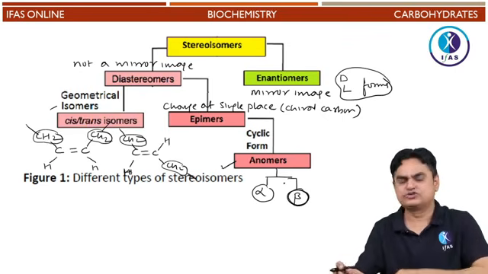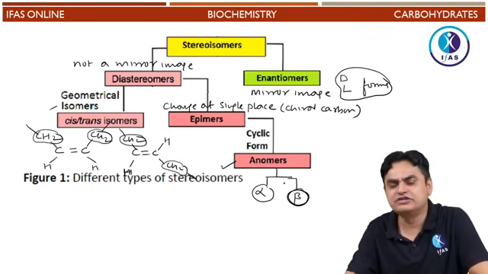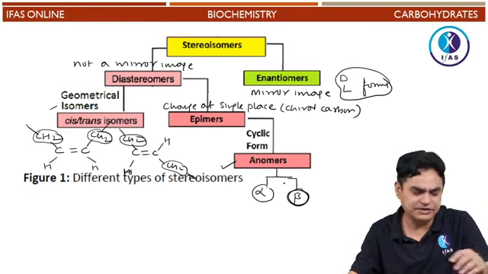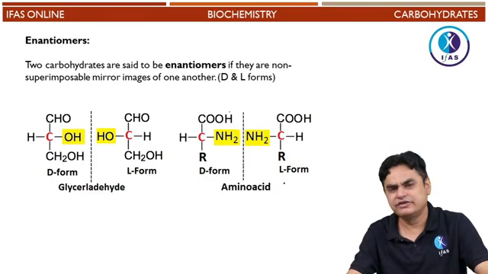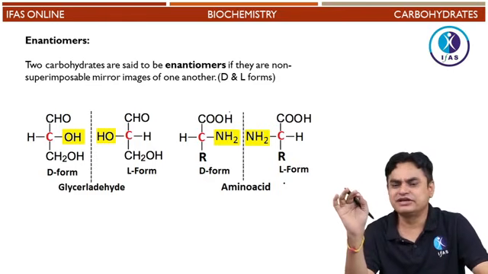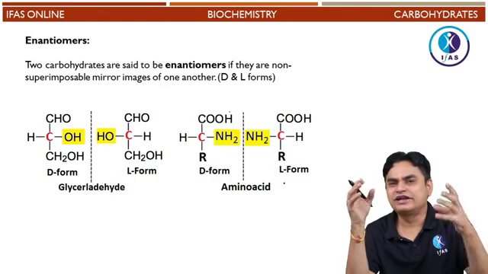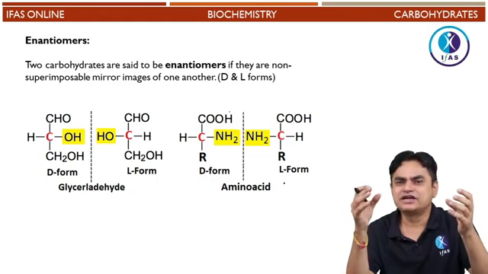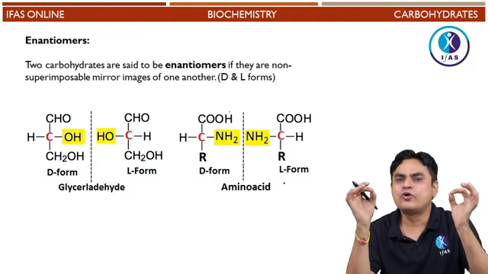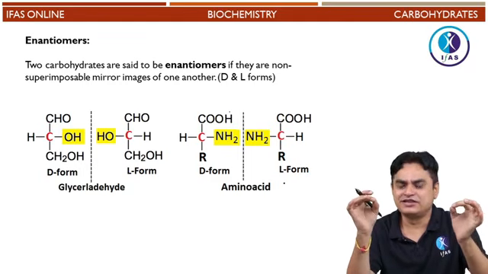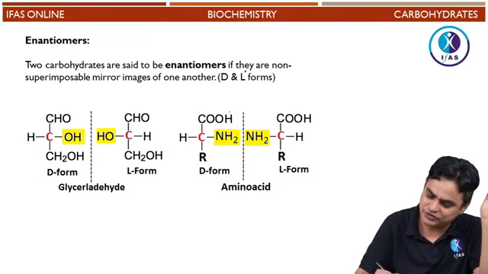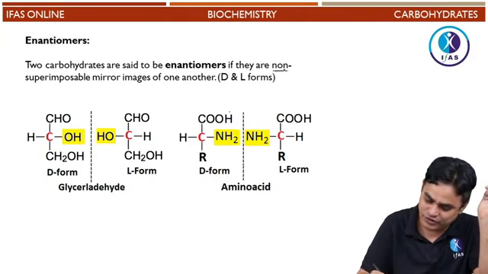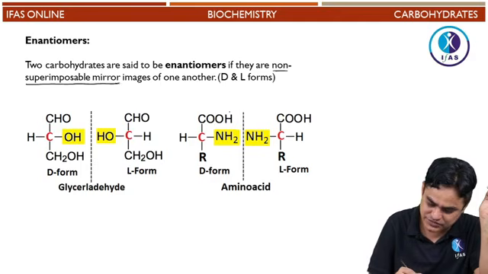Okay, so let's study these stereoisomers in a little bit more detail. Now, the simplest stereoisomers are the enantiomers. What are enantiomers? Enantiomers are non-superimposable mirror images of one another. Carbohydrates are said to be enantiomers if they are non-superimposable mirror images.